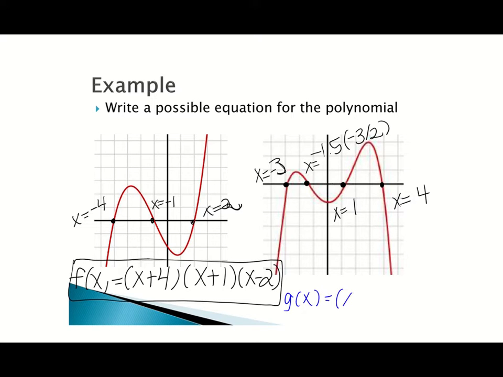I have x plus 3. I'm going to skip this factor for a moment. I have x minus 1 and x minus 4. Now this factor here is a fraction, so I have negative 3/2.